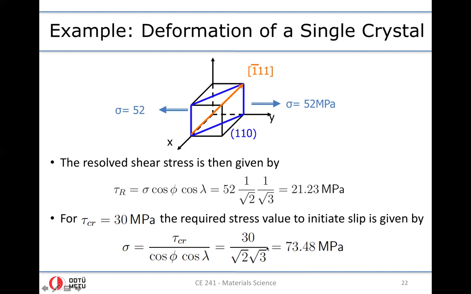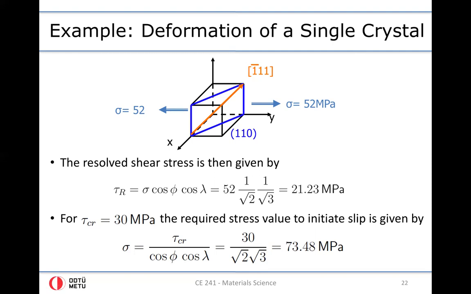If you do so, there's a typo here. I will correct this also in the revised version of the slides. If you do so, what you obtain is 30 times square root of 2 times square root of 3. So these two numbers should appear in the numerator, and this results in 73.48 megapascals.